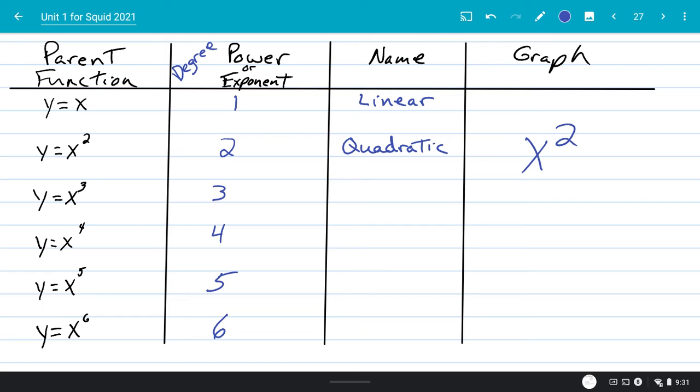Would you read that? What is that? X to the second power. Somebody else read it differently. X what? Squared. X squared. Everybody knows the nickname for something to the second power is squared, right?